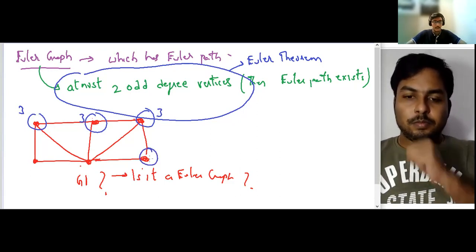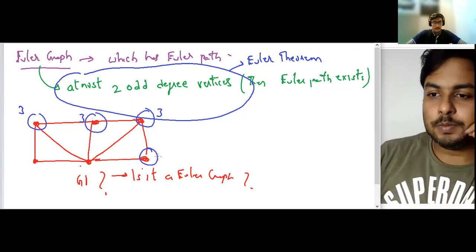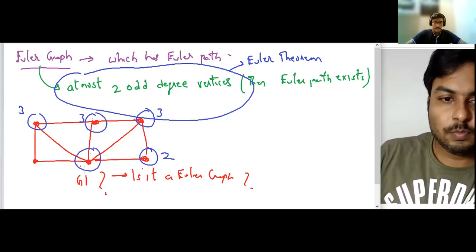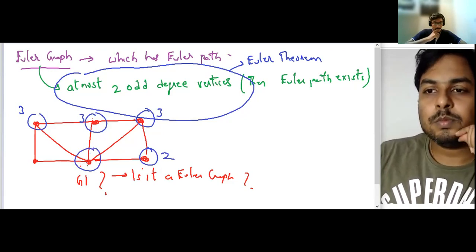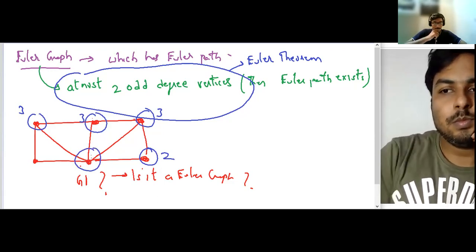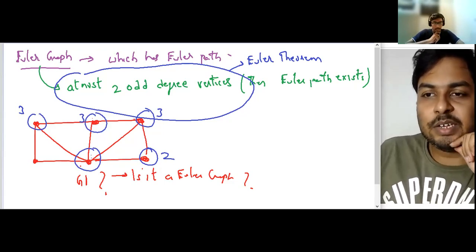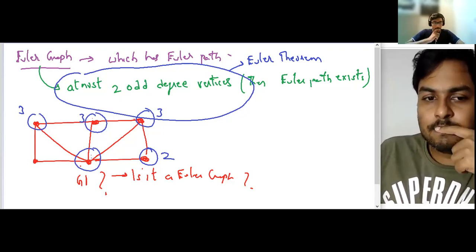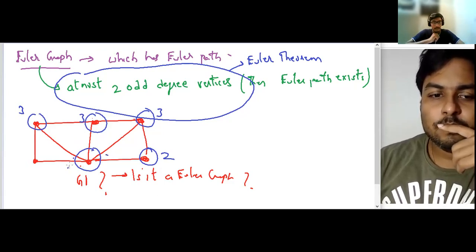What about this vertex? Simple, just calculate how many edges are there. 1, 2, 3, 4.